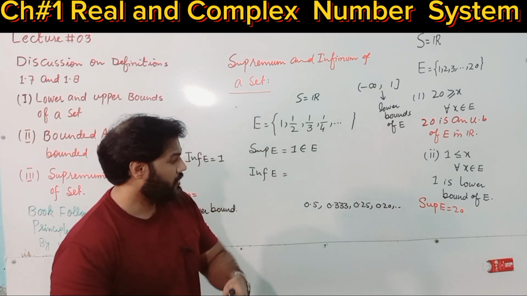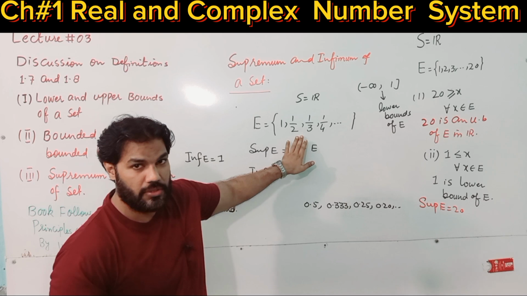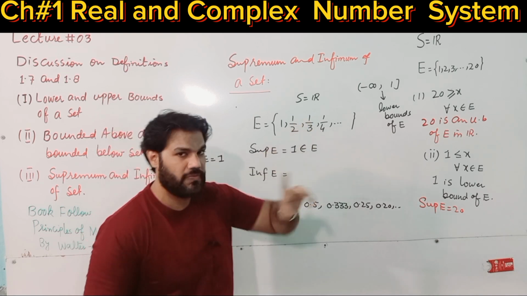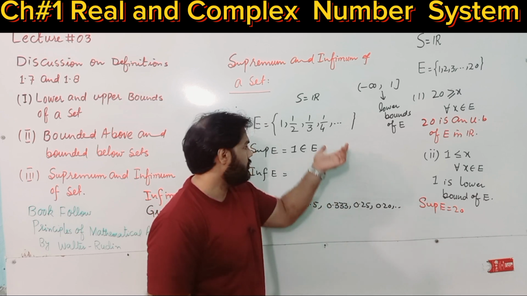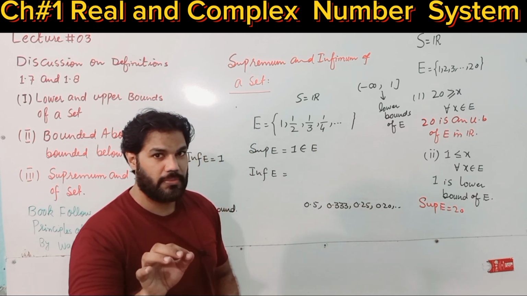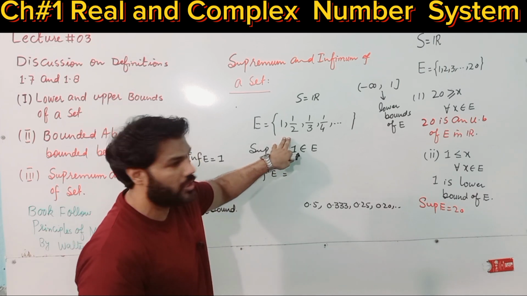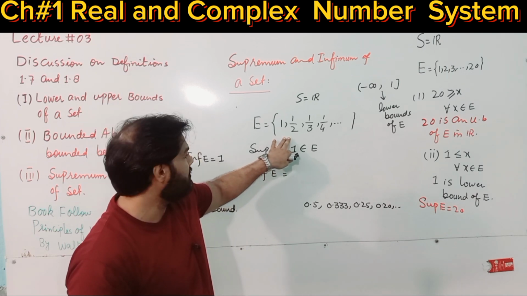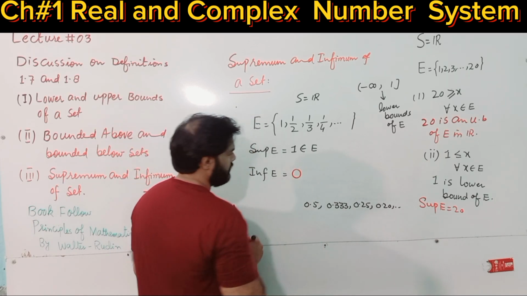So we can observe that when we increase the denominator, because the numerator is fixed at 1 here, the number will approach 0. So the smallest number, or in other words the lower bound of the set E, is 0. Infimum of E is 0.